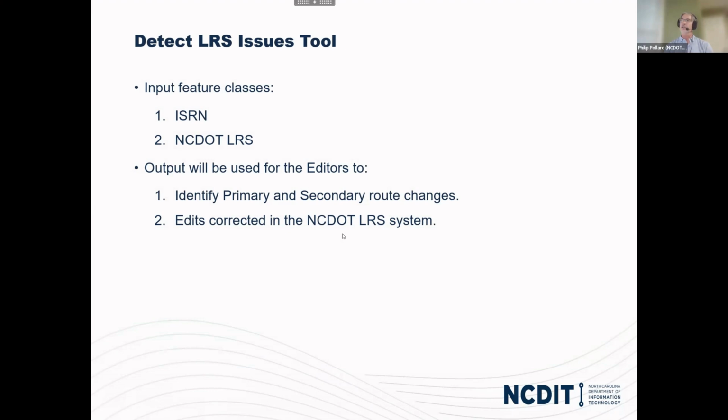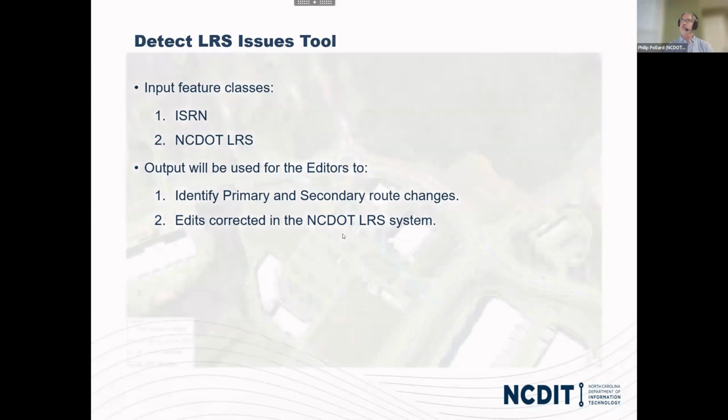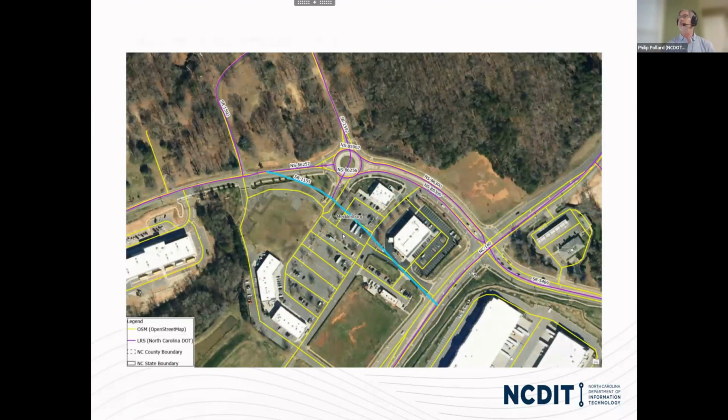And it identifies primary and secondary route changes that we have not received from the field, and edits are corrected in the NCDOT LRS system. So this picture, the yellow is OpenStreetMap, and the purple is the LRS.